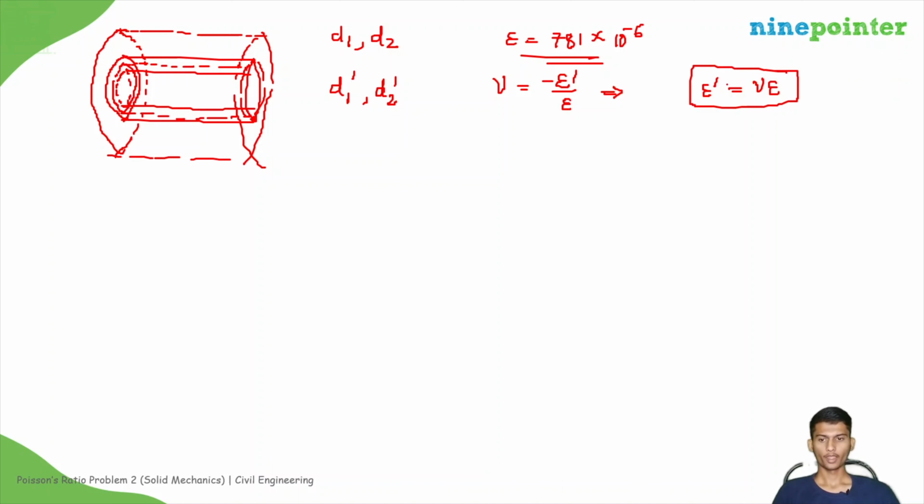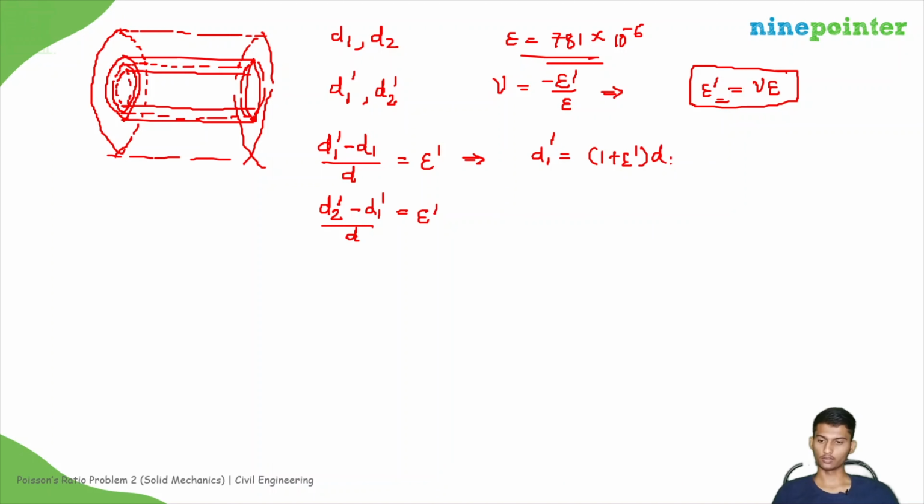Then the final diameter d1 dash minus d1 divided by d1 is equal to epsilon dash. Similarly, d2 dash minus d2 divided by d2 is equal to epsilon dash. Then d1 dash will be 1 plus epsilon dash into d1, and d2 dash will be 1 plus epsilon dash into d2.